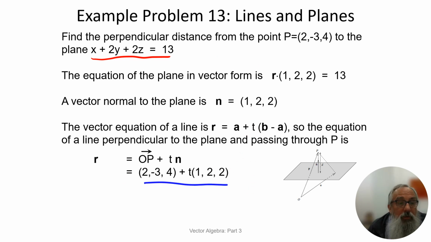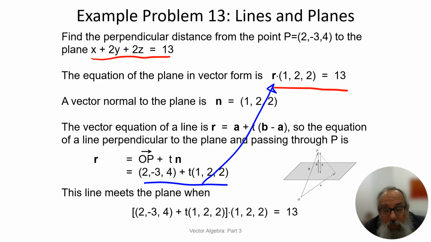We can work out now the point where the line intersects the plane. As we did in the last example, we simply substitute r into the plane equation and calculate the value of t.